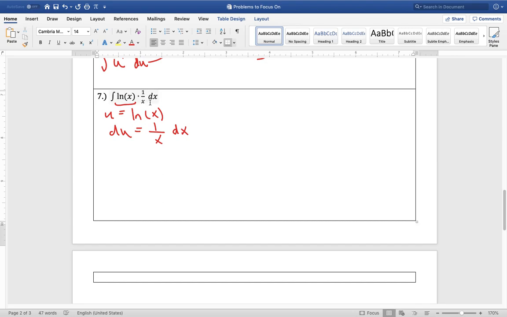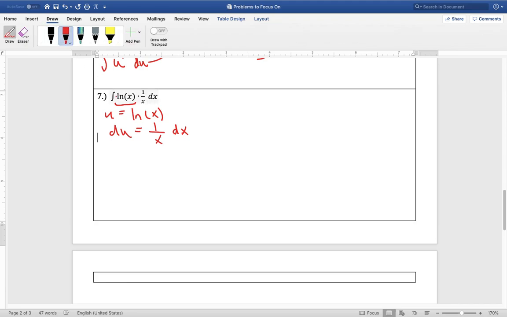So here you can see that our du is 1 over x dx, which covers that part there. All right, so this is your du. So we end up with just really the integral of u du. And if we integrate this, we get u squared over 2, and we put our plus c here.